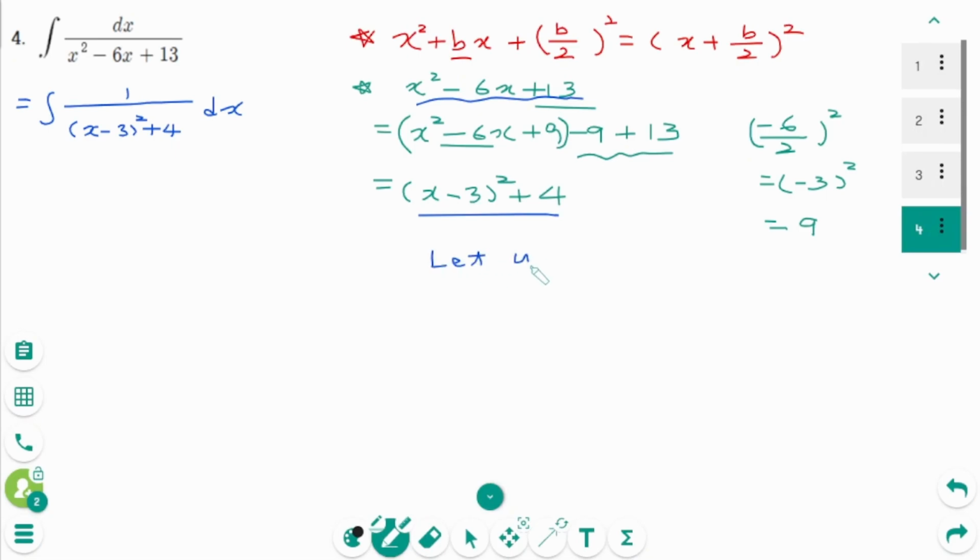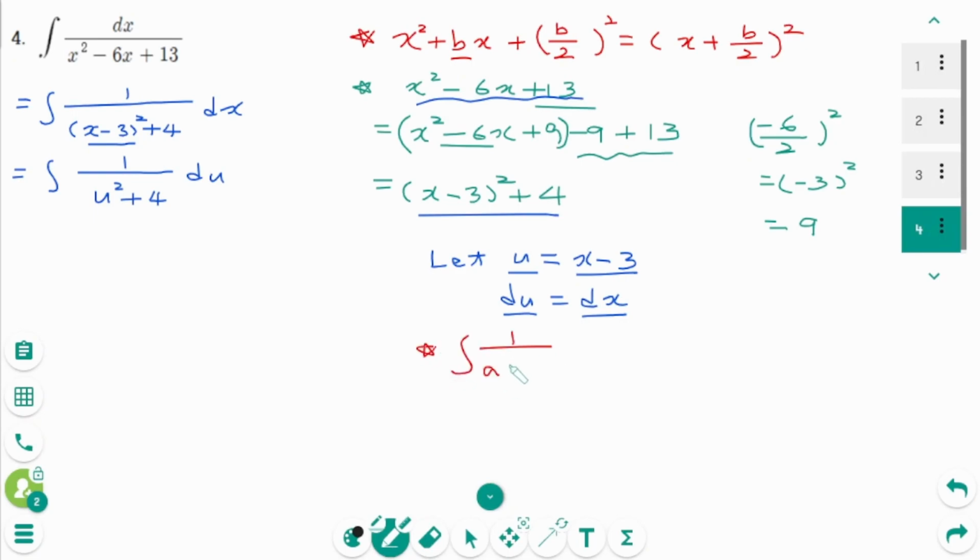Let u equal x minus 3, derive on each side, du equals dx. Change all x into u, the integral of 1 over u squared plus 4 du. Use the formula, the integral of 1 over a squared plus u squared du equals 1 over a arctangent u over a plus c.